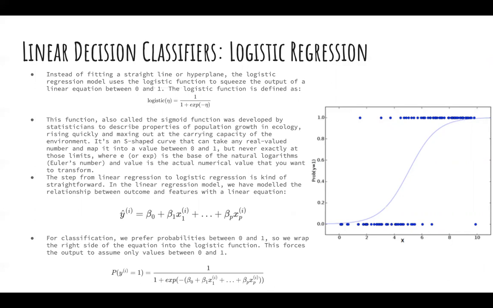Kind of an interesting background on this: the sigmoid function was initially developed to model population growth in ecologies, because there's the idea that when conditions change slightly, you can get exponential population growth. You may be at a lower stage equilibrium, and then you may level out at a higher level equilibrium.